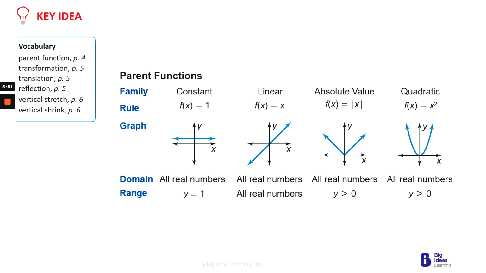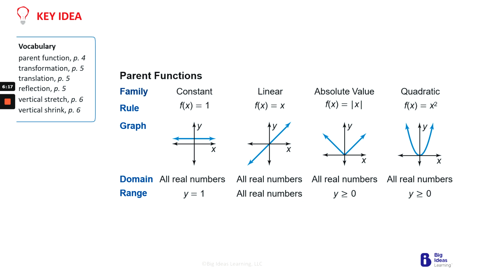So looking at these, they all have a domain of all real numbers. What does that mean? First off, what is domain? My x values. Beautiful. What does all real numbers mean? Yeah, it means all of them. That it doesn't stop. It goes forever negative and forever positive, right? So do we see how the constant goes forever left, forever right? Linear, absolute value, quadratic.